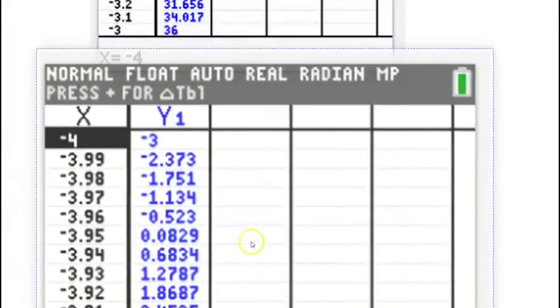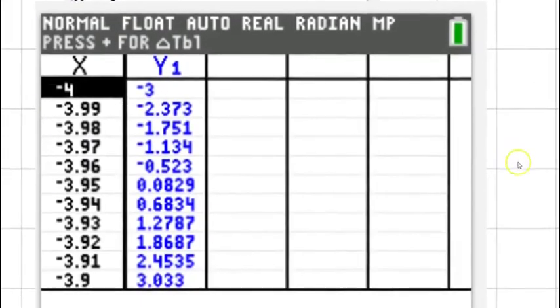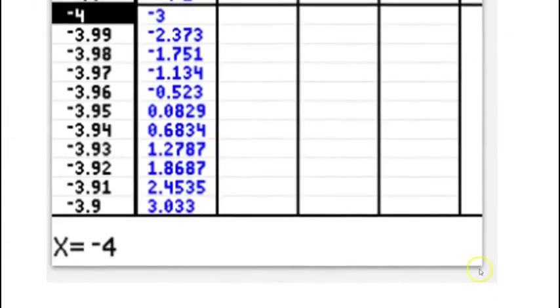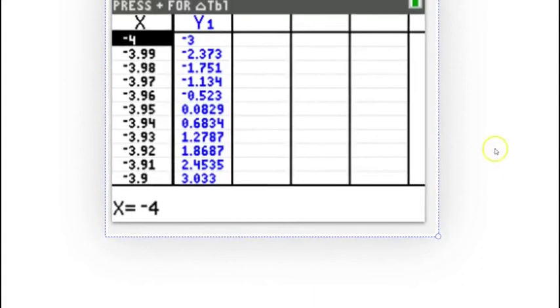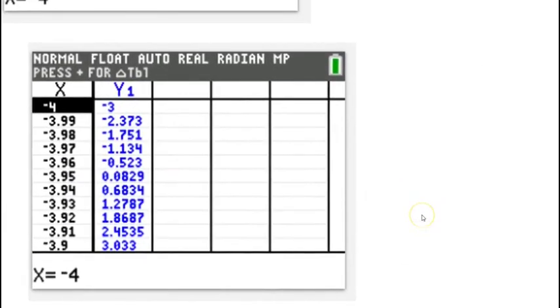And once again, we want to use that intermediate value theorem to notice when there is a change in signs. So we can see here there's a change in signs in the Y menu, and that happens on these two values here. So just to recap, we originally started with the intermediate value theorem proving that there was a 0 between -4 and -3.